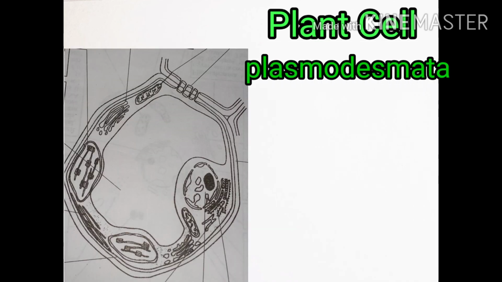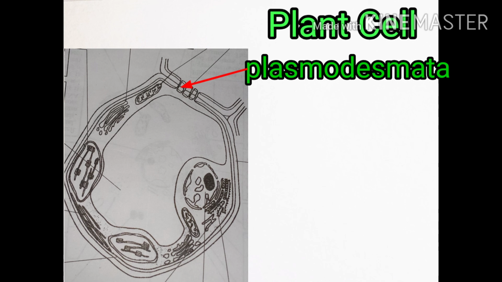Plasmodesmata present in plant cells are minute strands of cytoplasm which pass through pores in the cell wall and connect the protoplasts of adjacent cells. This represents the simplest pathway for the movement of water and solutes throughout the plant body.